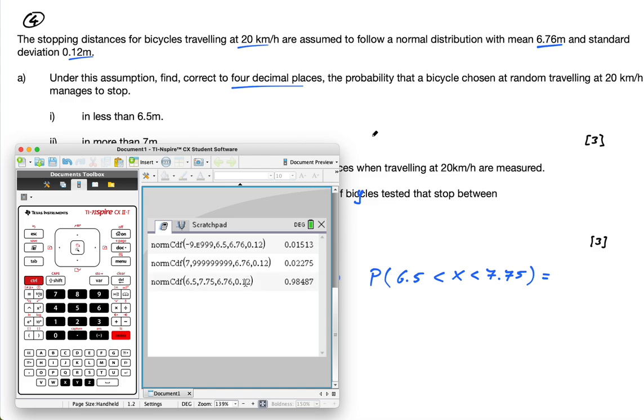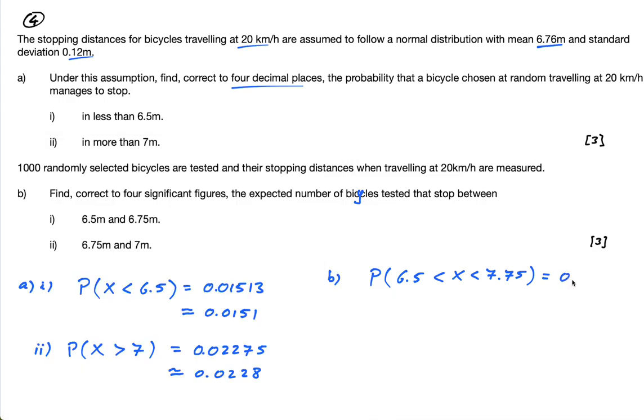So this is 0.98487. That does seem quite high to me. In fact, that's impossibly high because I put in the wrong number.